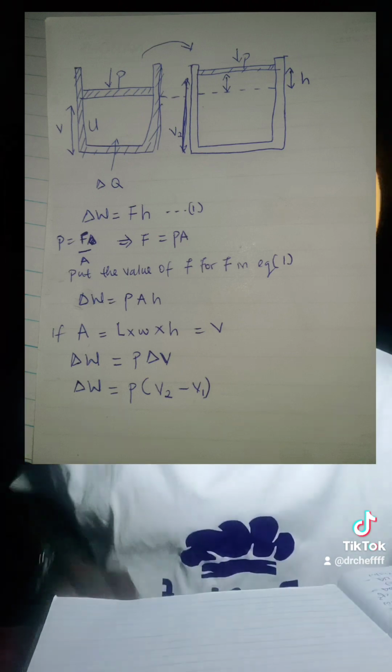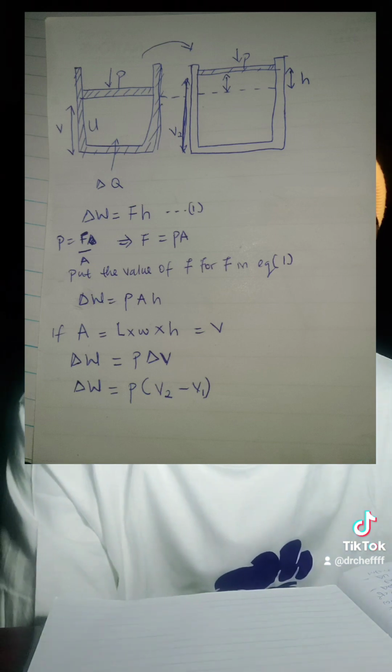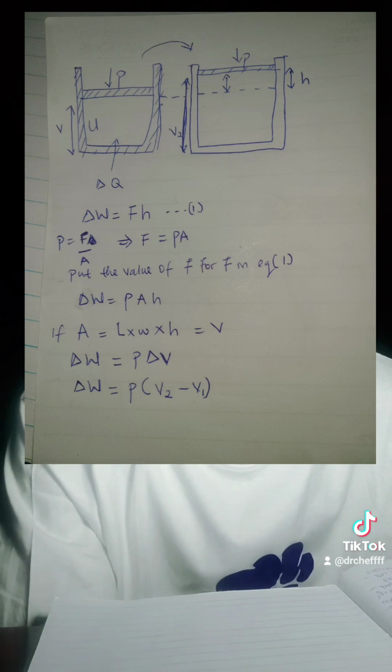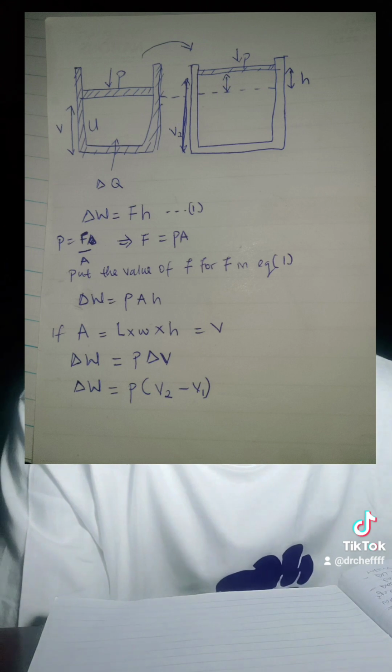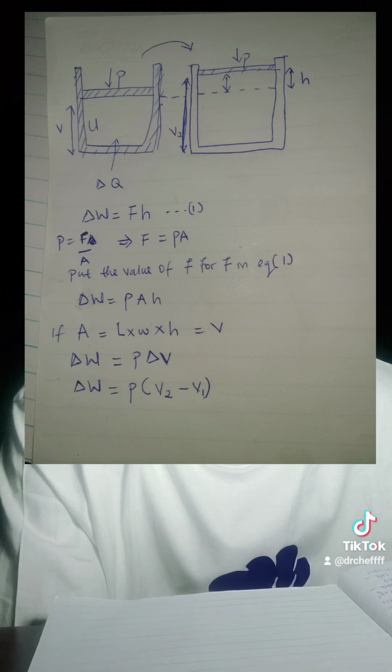And area itself and height, area of something multiplied by the height will give us the volume, right? Volume of that. So you can again say pressure multiplied by change in volume.